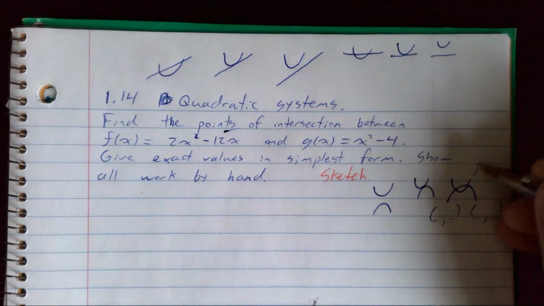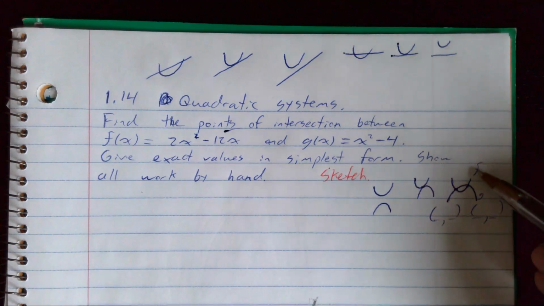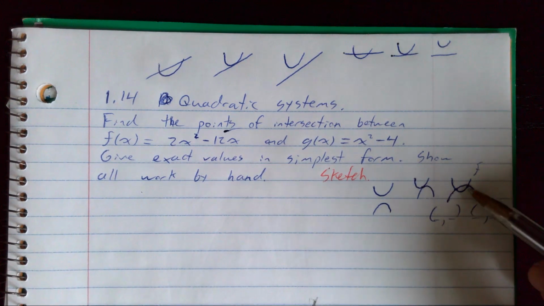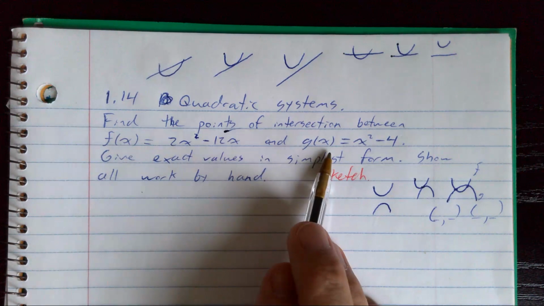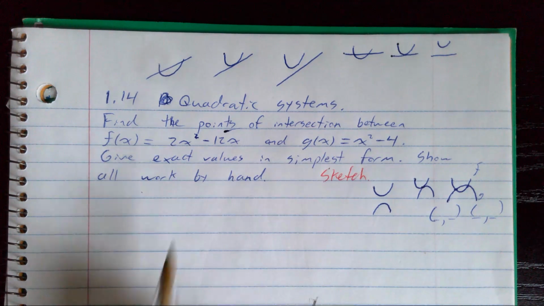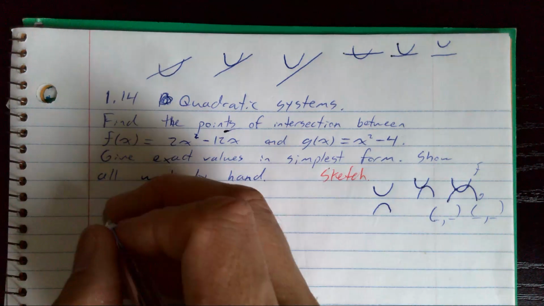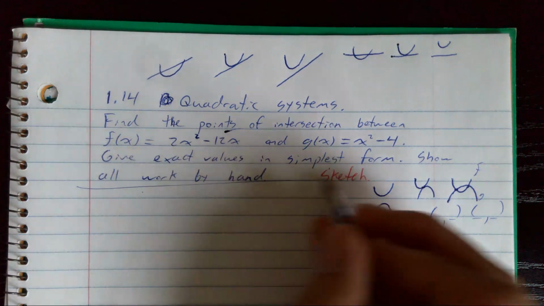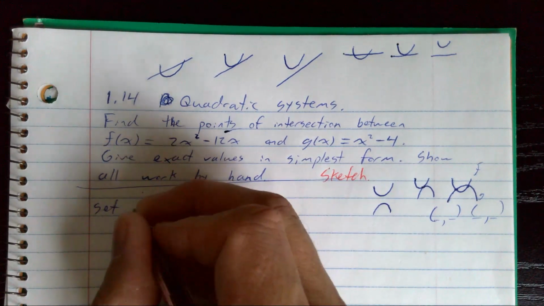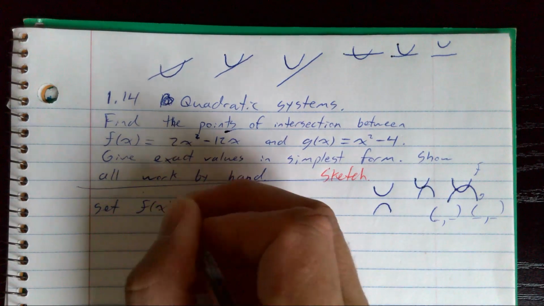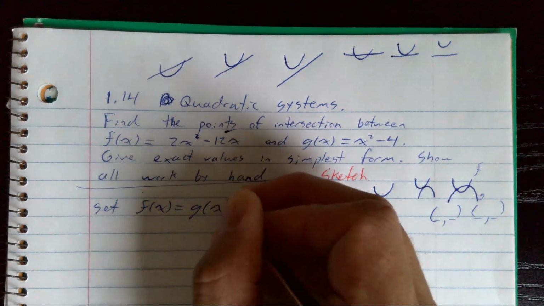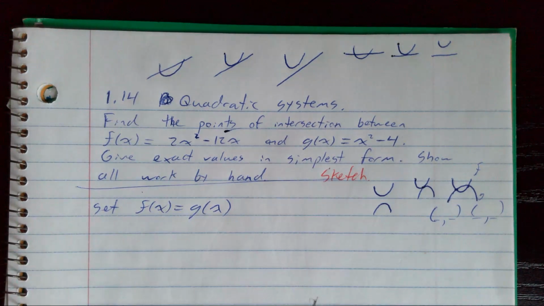So the first thing that we're going to do is reason that if these functions are going to be at the same height at the same time, then their outputs have to be the same. I don't think I'm going to find elimination to be a useful approach here, so here's the first step of my solution. I'm going to tell my reader that I'm setting f of x equal to g of x. This is important to communicate because f of x may not ever equal g of x.